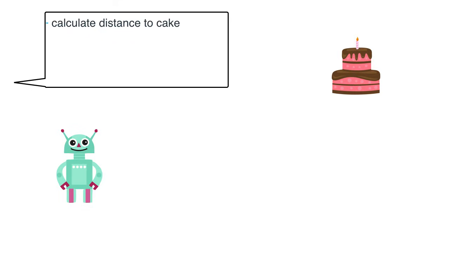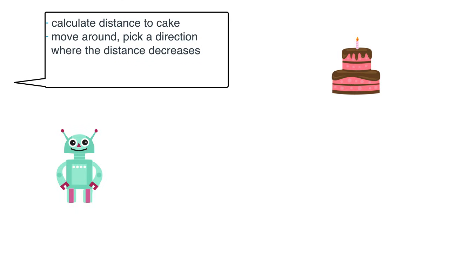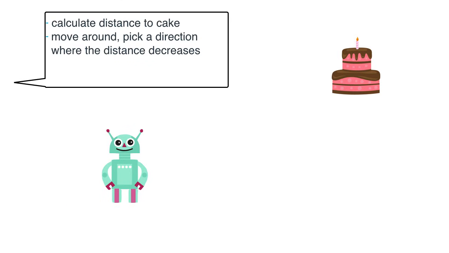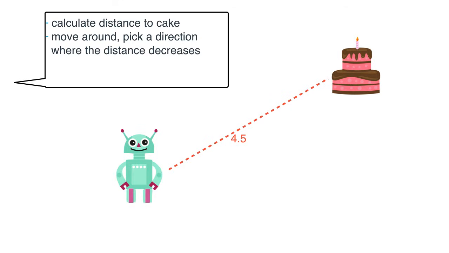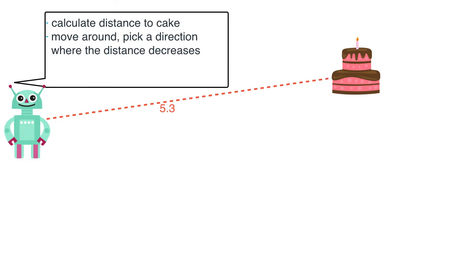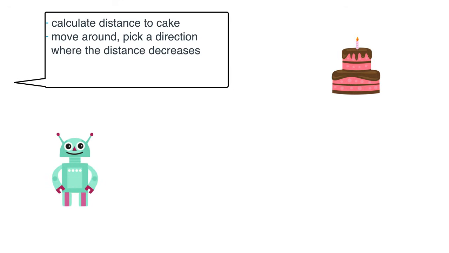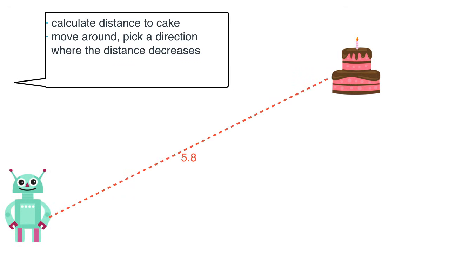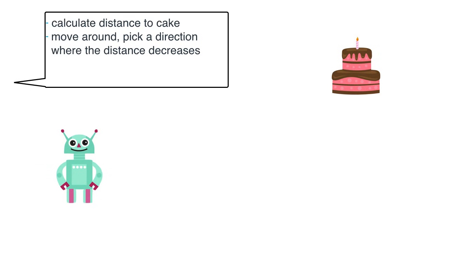Then we're going to tell the robot to move around itself and pick a direction where the distance decreases. So the robot goes here, looks at the distance, it's 4.5, then tries a different direction. Now it's 5.3, tries a different direction. It's 5.8, so it realizes that the best thing it could do was to move right.